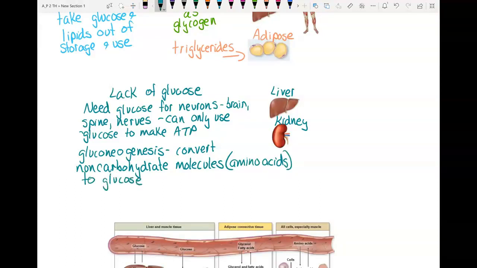If somebody is in like a starvation situation, their body will start to break down their own muscles in order to release the amino acids from the protein in the muscles, and then the liver and kidney will convert those to glucose so that you can have glucose to keep your brain running.